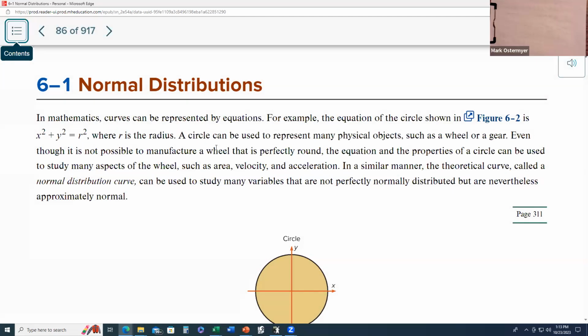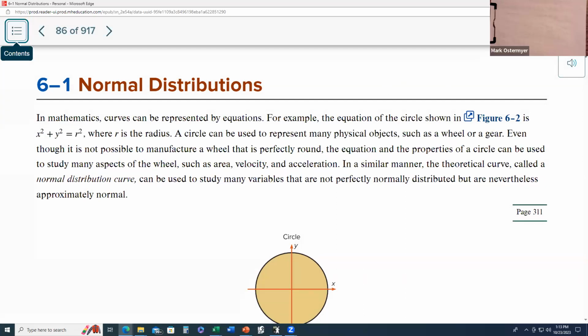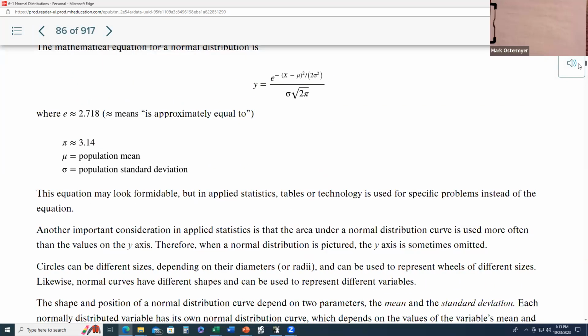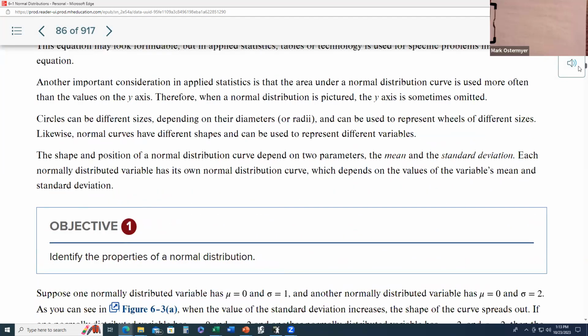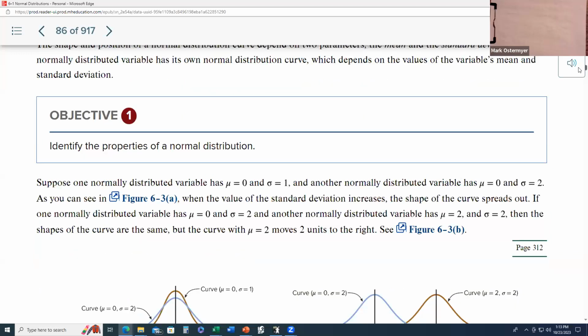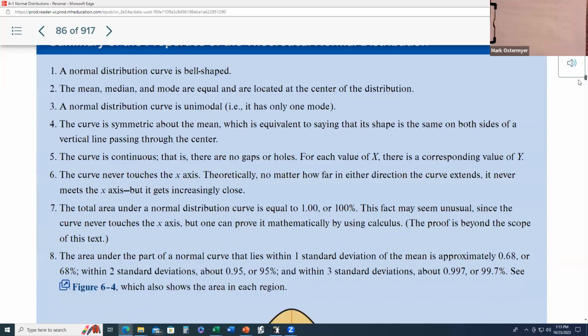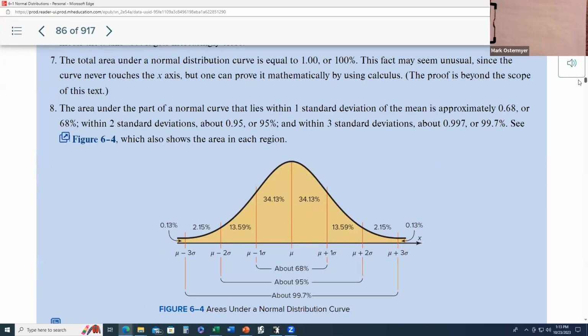Section 6.1 is entitled Normal Distributions. And like I said, if you ever get a chance to browse through this section, it would be worth your while, as it will reconfirm what I've gone over, and might give you a couple of other examples to play around with.